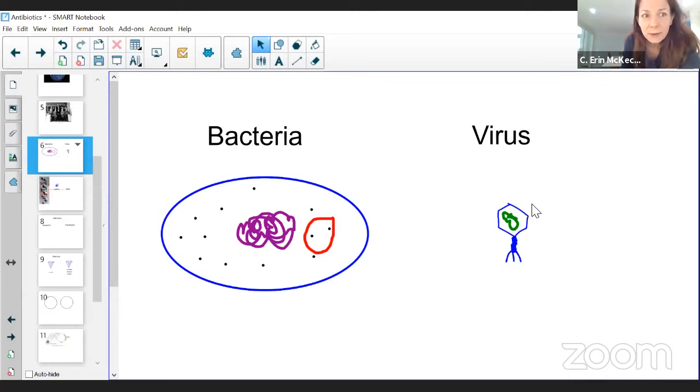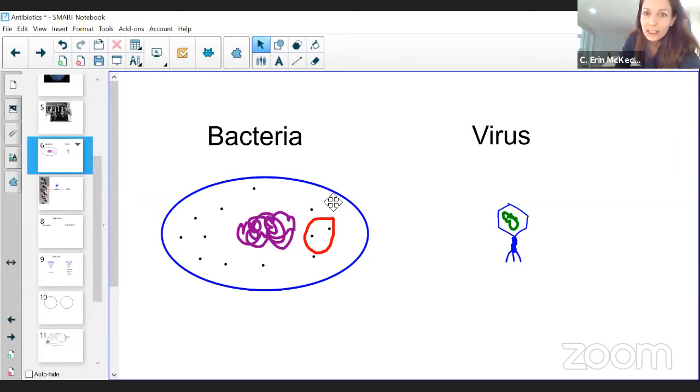Viruses have no ribosomes, and therefore they're not able to function on their own and produce proteins on their own. We, in fact, don't consider viruses to be living things. They're in this unusual category because they can do some of the things that cells can do, but they can't do everything. So overall, we do not consider them to be alive.